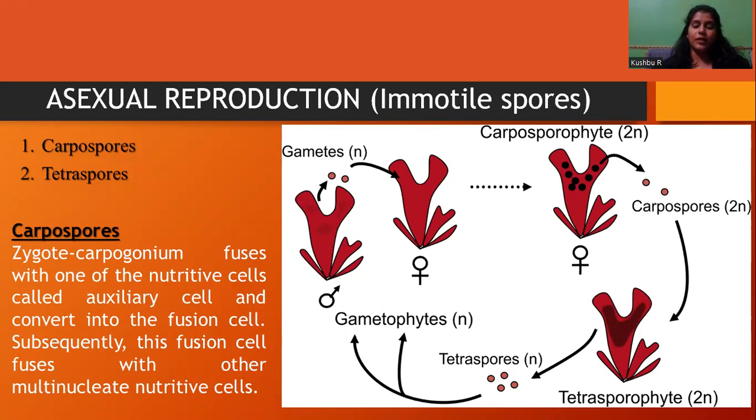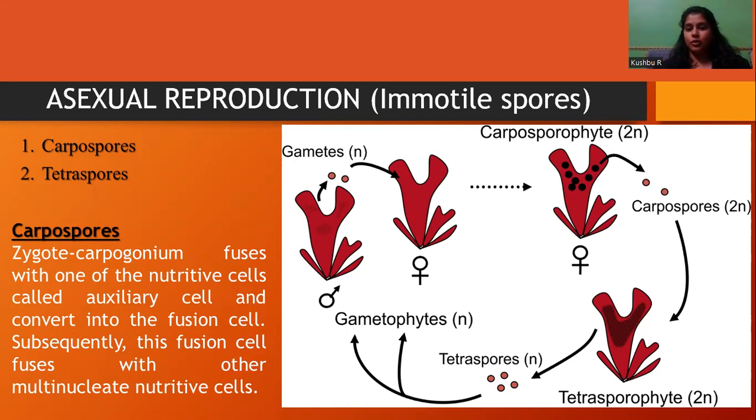Apart from that, we have asexual reproduction, where two important types of spores are produced, that is carpospores and tetraspores. These carpospores and tetraspores are simply explained in this diagram, where we have spermatia and your egg cells being produced, or carpospores being produced.